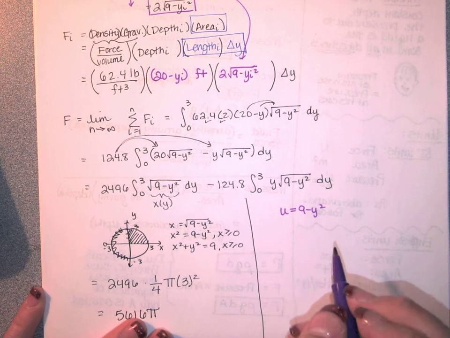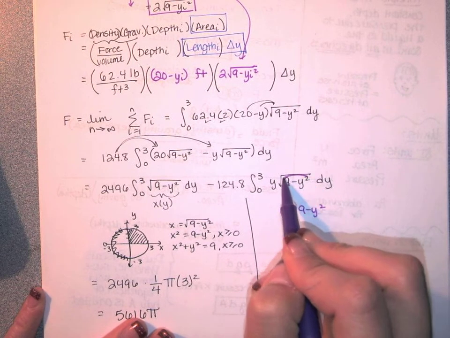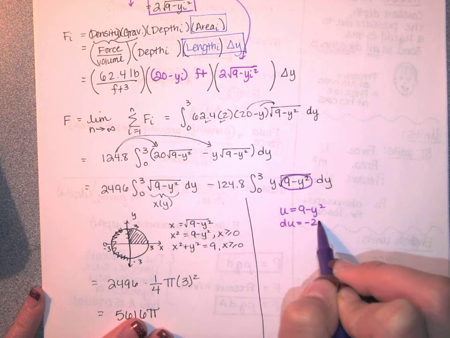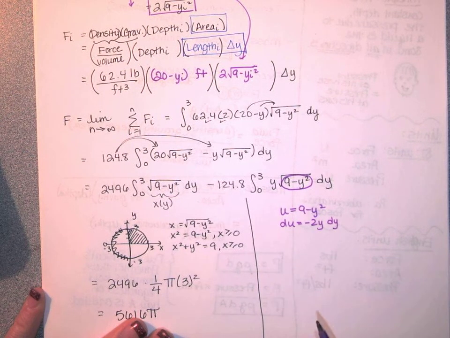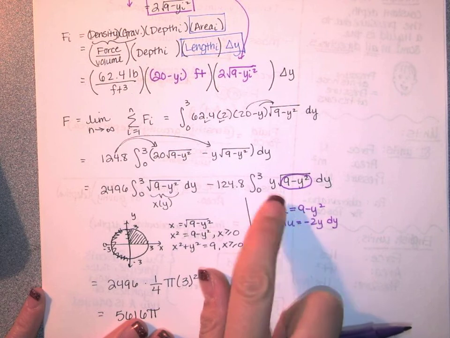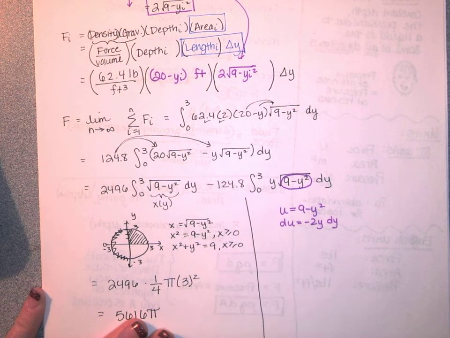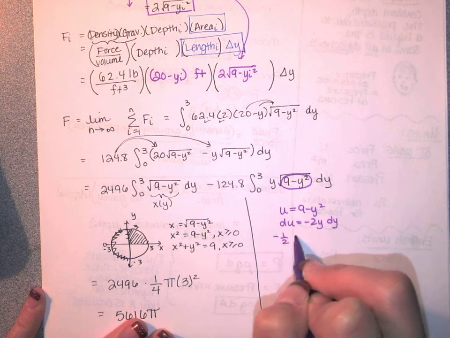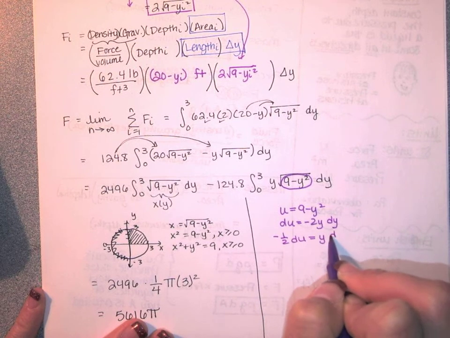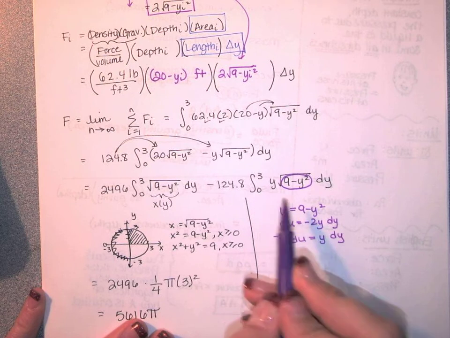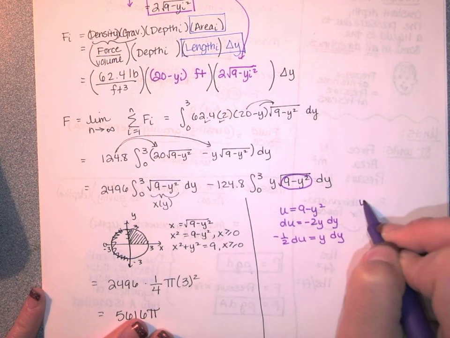Now I know it's going to be a u sub because if I take the derivative of this function inside, I get negative 2y dy. Now I'm not concerned about the negative 2, I'm just looking for the y dy, and I've got a y dy right there. So I can solve this equation for y dy by multiplying both sides by negative 1/2. And then we can evaluate u at y equals 0 and y equals 3 and subtract.